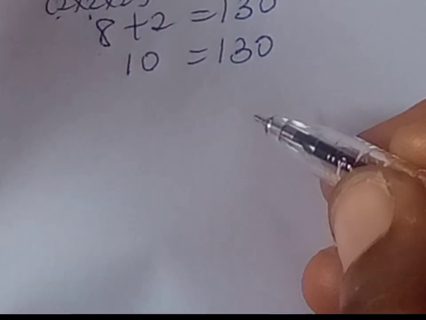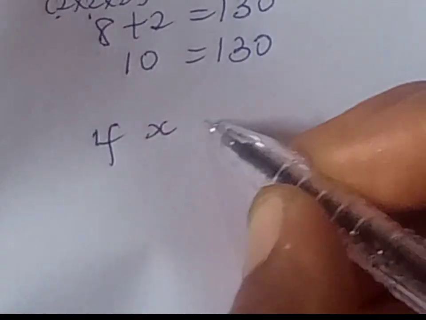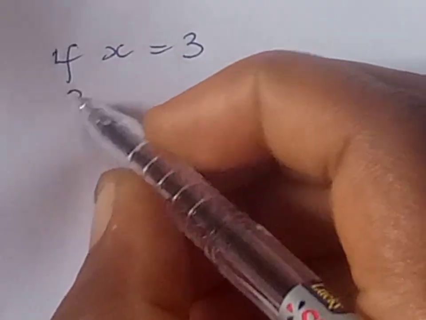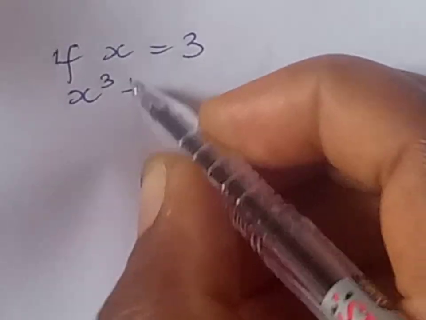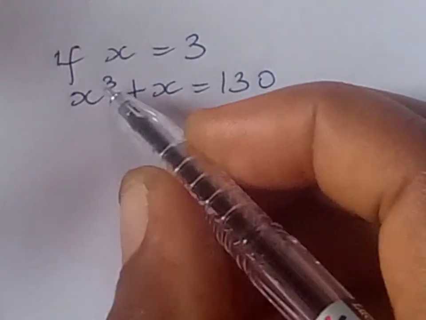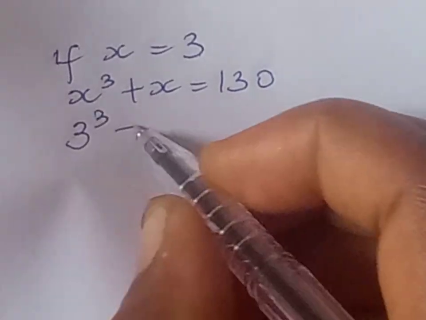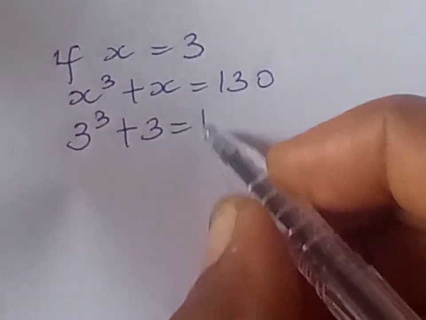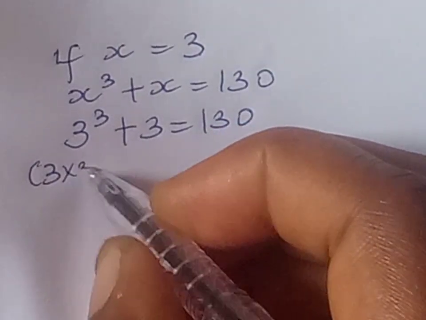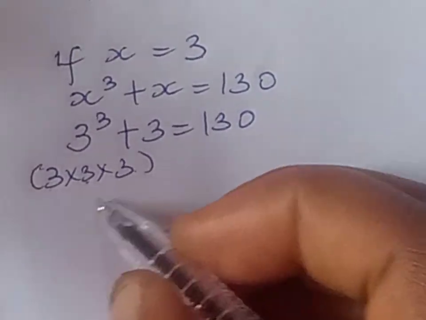Now let's try another whole number, if x equals 3. Our equation again, x cubed plus x equals 130, where x equals 3. So we have 3 cubed plus 3. 3 cubed is 3 times 3 times 3: 3 times 3 is 9, 9 times 3 is 27.